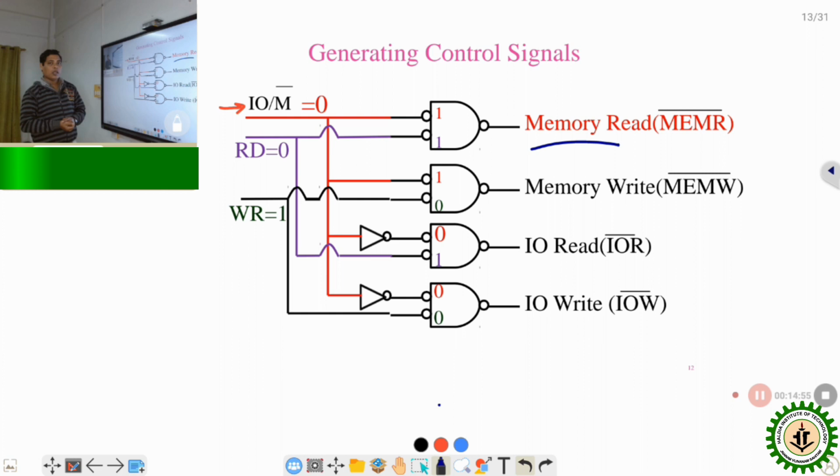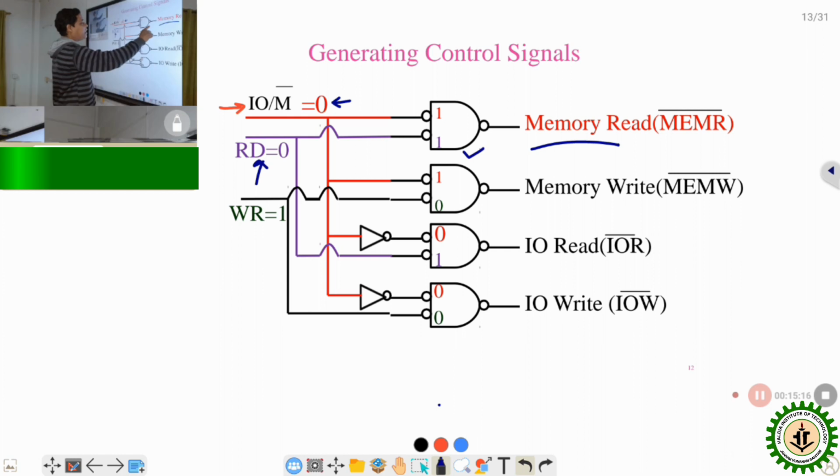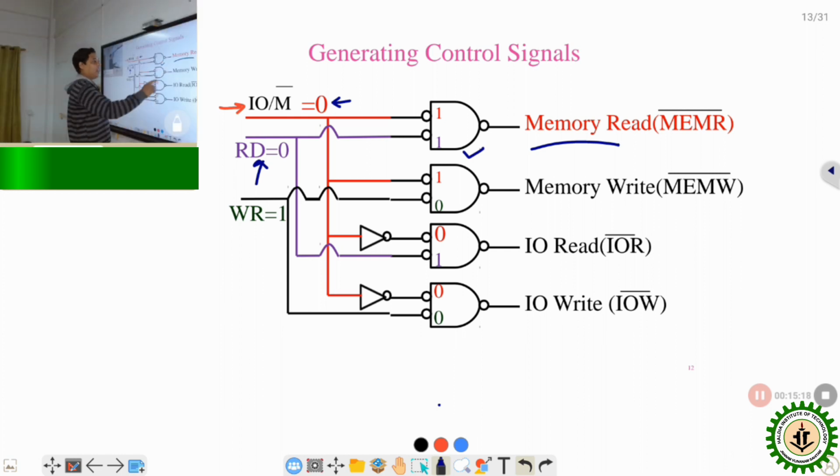As it is a memory related operation, the IO/M bar signal is low here, and as it is a read operation, the RD signal is low. With these two signals, our NAND gate generates the active low pulse for the memory element.